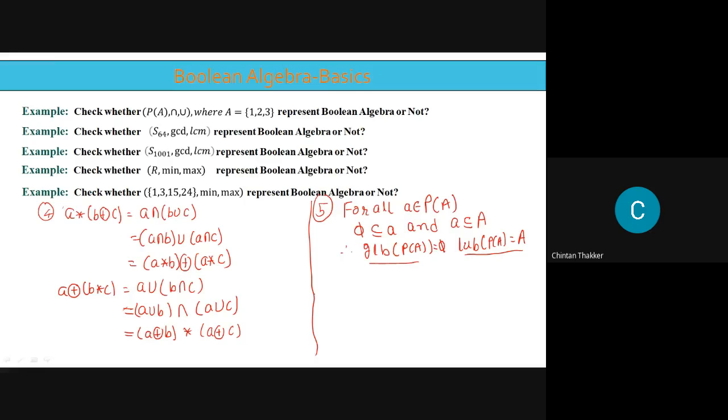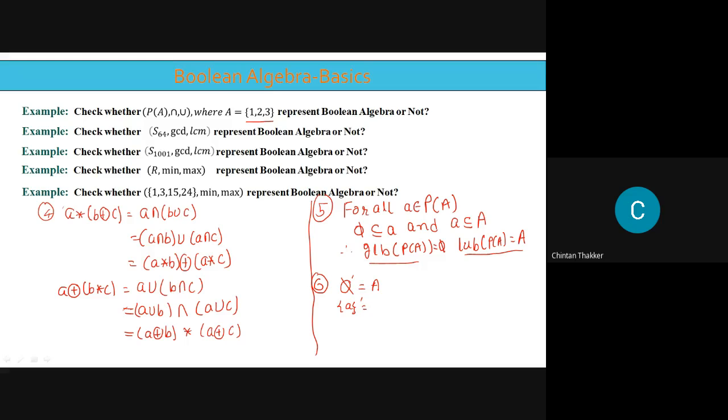Now in the sixth one we find the complement of all elements. So here A is {1, 2, 3}. First we have the complement of phi, that is phi dash is capital A, then singleton 1 dash.